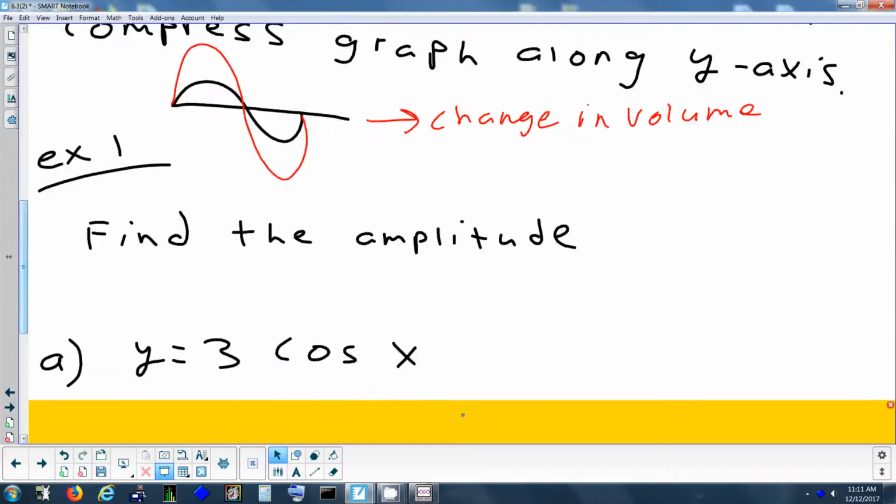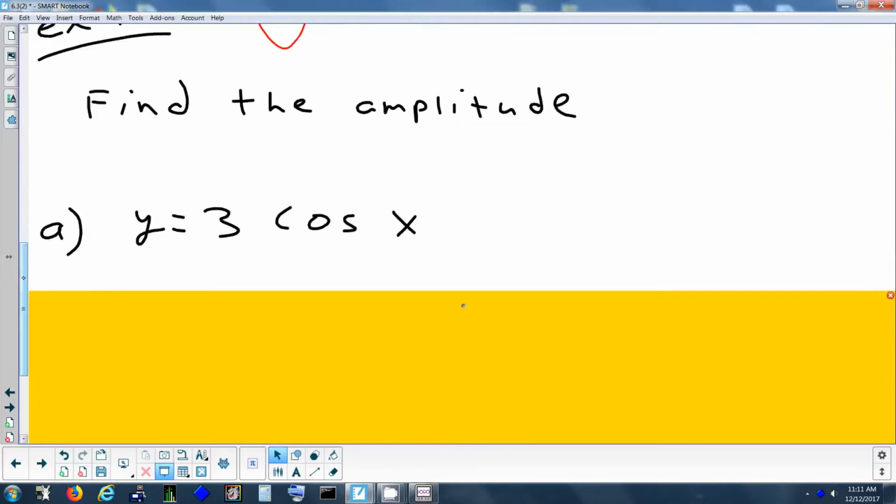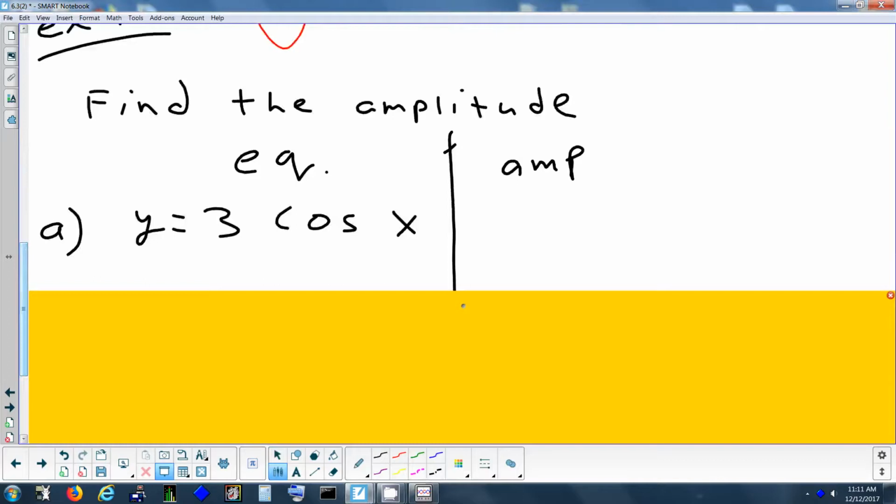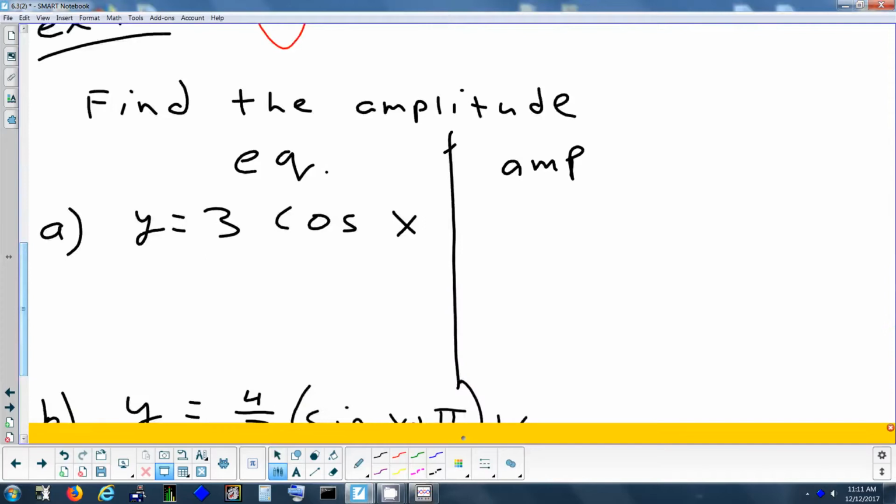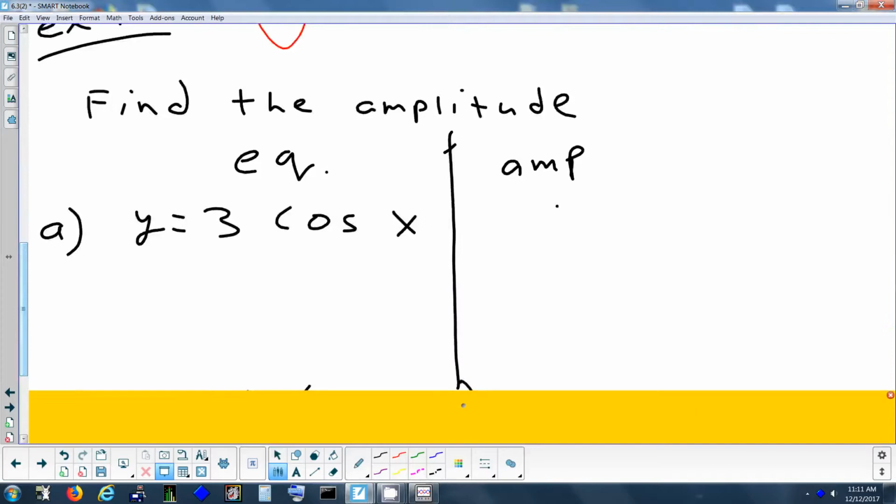All right, so find the amplitude. You don't have to sketch it. Just want to know the amplitude. Okay, so equation, amplitude. What's the amplitude of A? 3. Okay. It has an amplitude of 3.